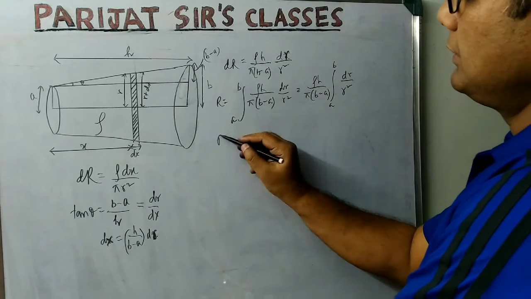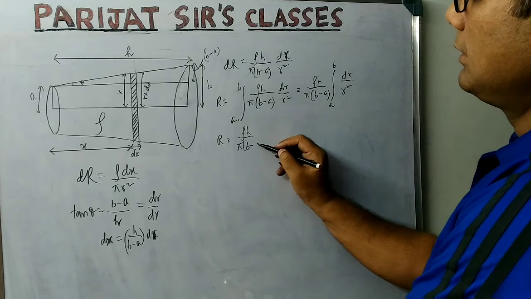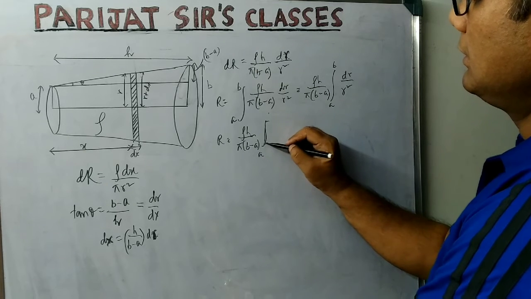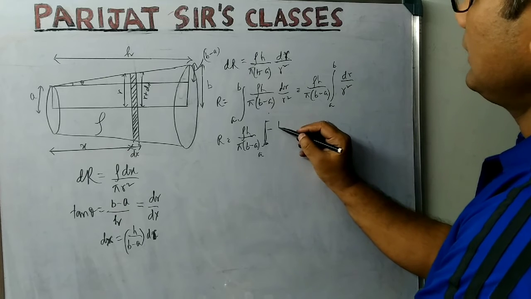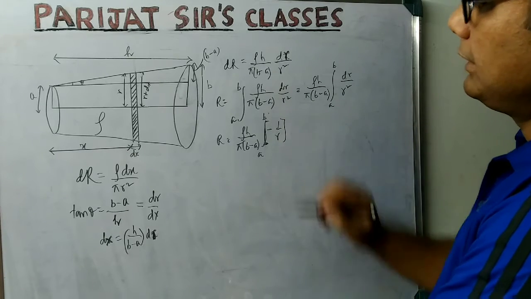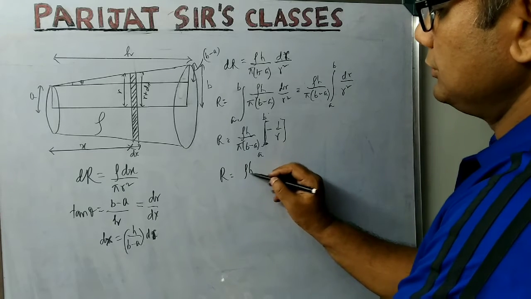So integration of this will be rho H by pi B minus A, limits A to B, minus 1 by r. So I hope you know the integration. Please, first of all, you should know these rules.